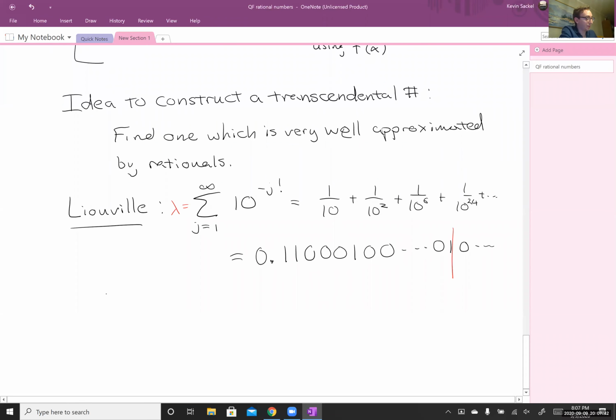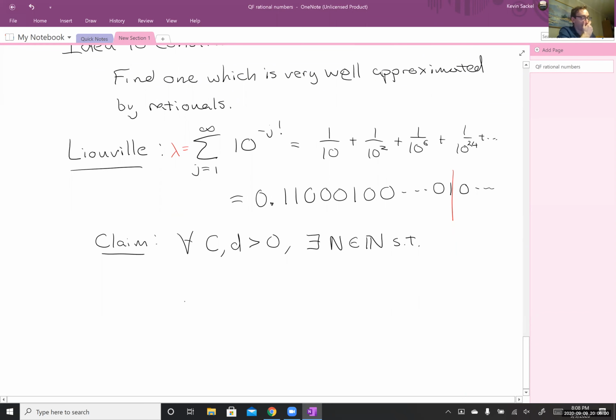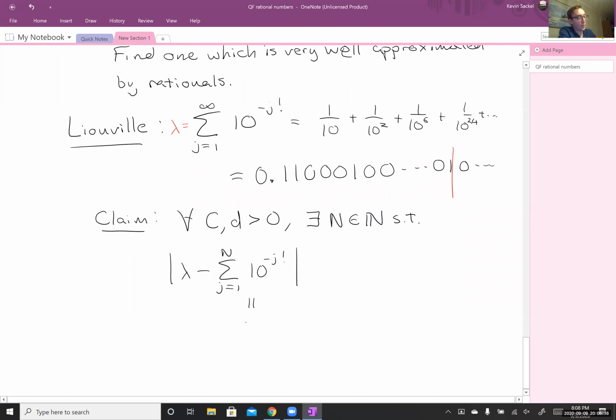The claim is that for all C and D greater than 0, there exists some n, a natural number, such that if I look at lambda minus the nth partial sum, so I only take up to n of 10 to the minus j factorial, this is going to be some number p_n divided by 10 to the n factorial.